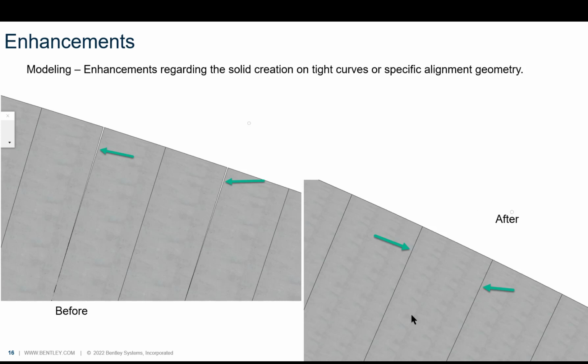Now in the 2022 release 2 version, this is completely resolved, and we can see there are no gaps and the tunnel lining width has the exact width required on that specific curve or alignment.